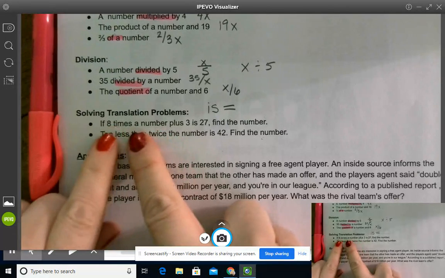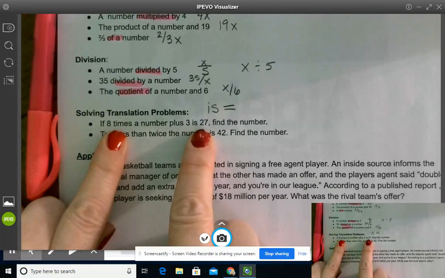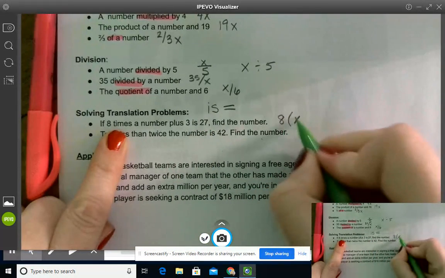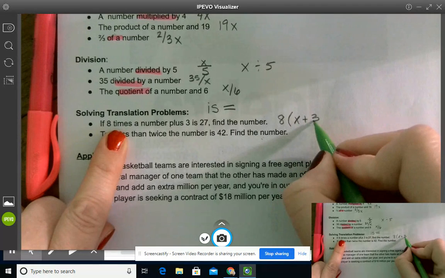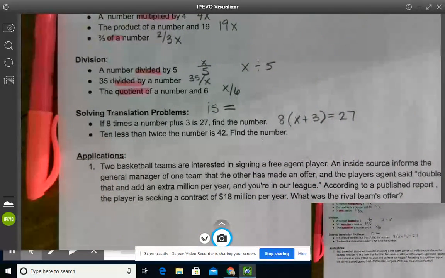So if I look at this first translation, I want 8 times a number plus 3 is 27. And then we can solve that.